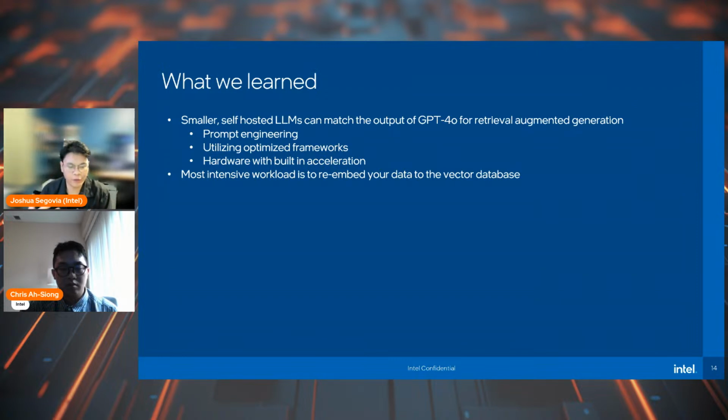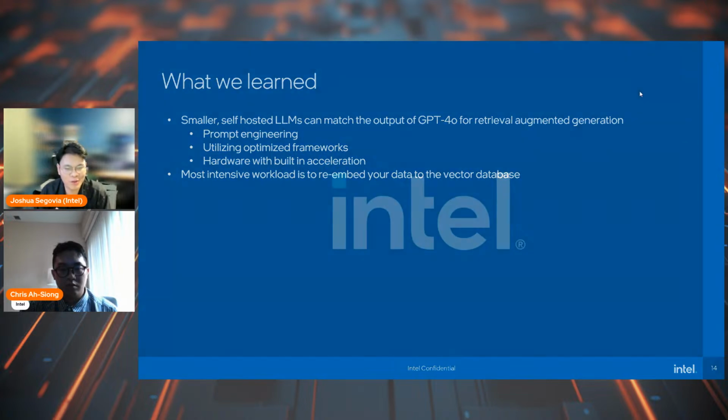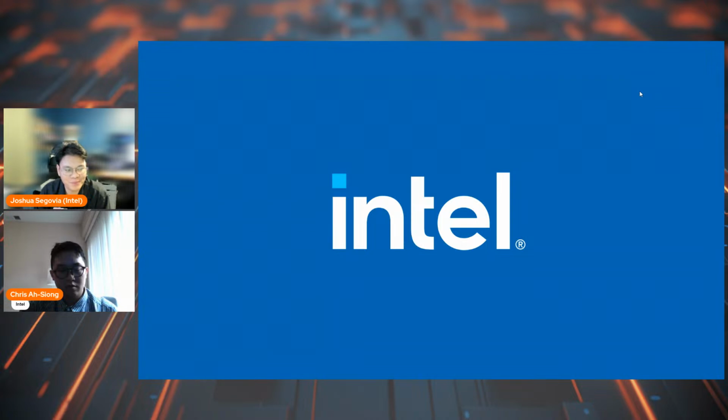So the next step for us is to really start examining ways that we can take some of the 1 and 3 billion parameter models that are out there that have these large context windows that are appropriate for RAG, and finding ways that we can create that same workflow that we traditionally did in the data center, and now get it ported over to the client. So this was a great run for our team to build this out, and we're looking forward to seeing how we can do this with more customers in the future. It's a great experience.